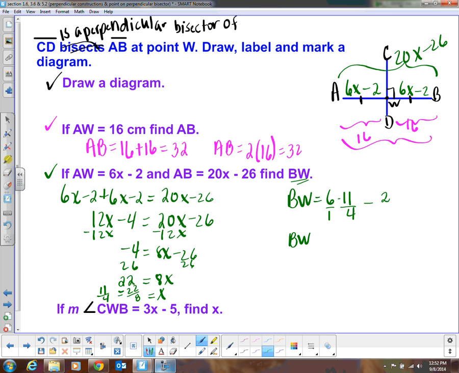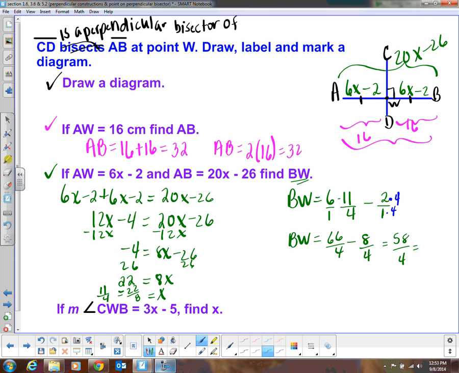So BW is going to be 66 over 4 minus 2 over 1. I'm going to get a common denominator, which is 4. If I multiply the denominator by 4, I must also multiply the numerator by 4. So 66 subtract 8 is going to be 58 over 4.